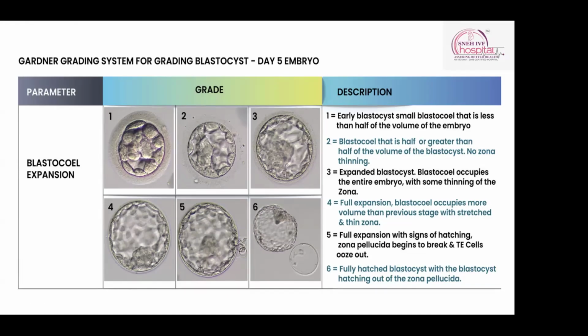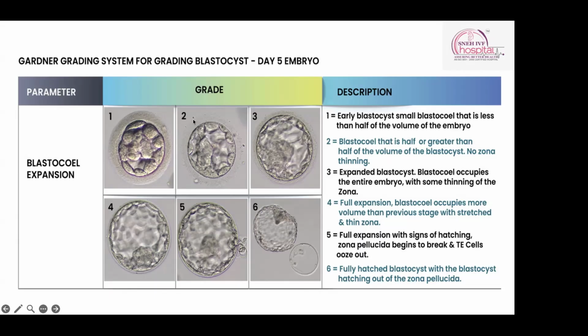The 1 is the early blast, where we have a small blastocyst cavity that is less than half of the volume of the embryo. As in the first picture, you can see there is a little cavity, which is much less than half. In the second one, the cavity is almost half the blastocyst. That means this blastocyst has started expanding, but the zona is not thin.